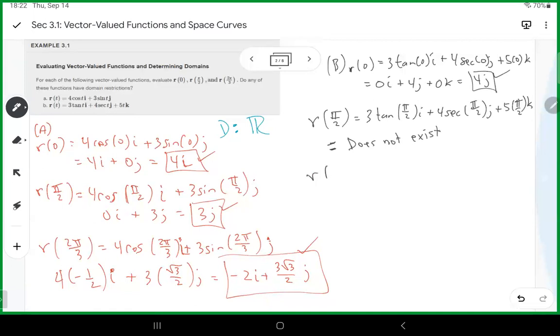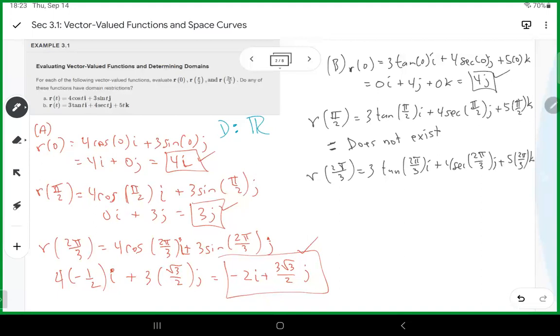Okay, so then the next part is r of 2 pi over 3. So that'll be 3 tangent 2 pi over 3 i plus 4 secant 2 pi over 3 j plus 5 times 2 pi over 3 k.